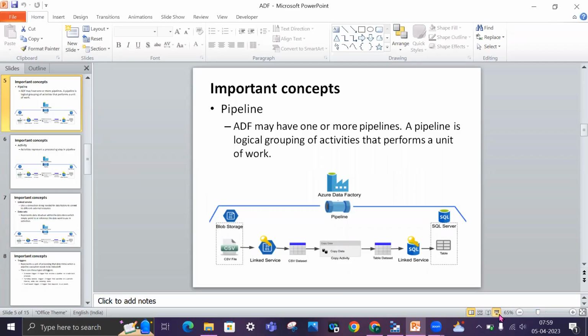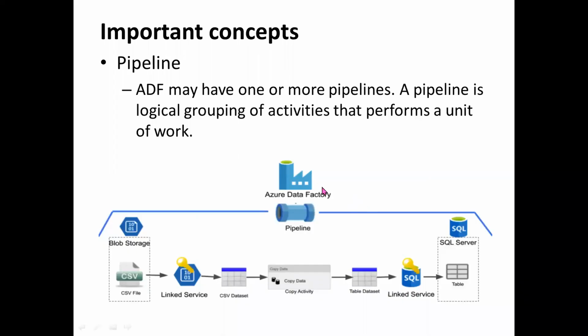So the pipelines. I think we covered this already. A pipeline is basically the logical grouping of activities to move the data from point A to point B. Basically, it's a group of activities that work as a unit to perform certain actions. The entire unit of work we call a pipeline. Either it executes completely or fails completely.